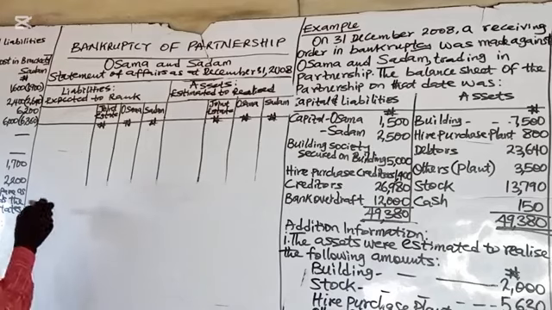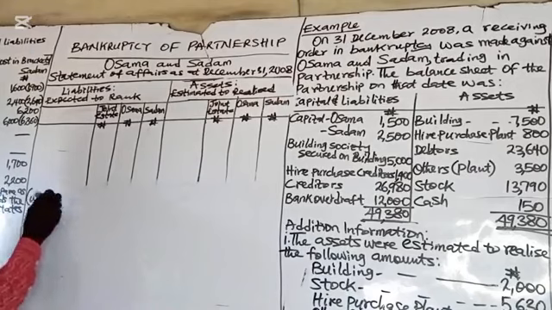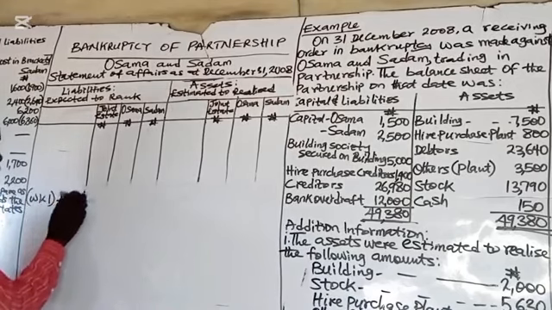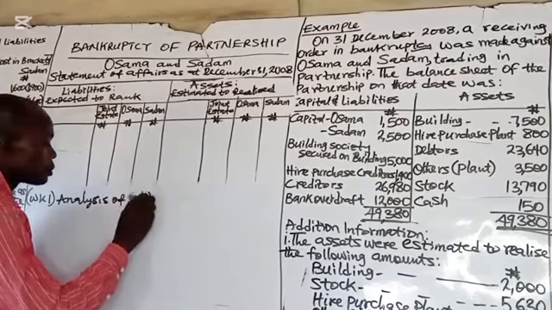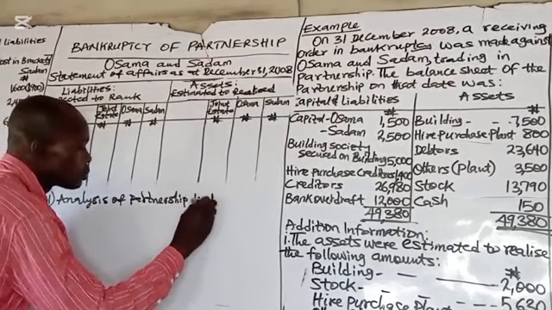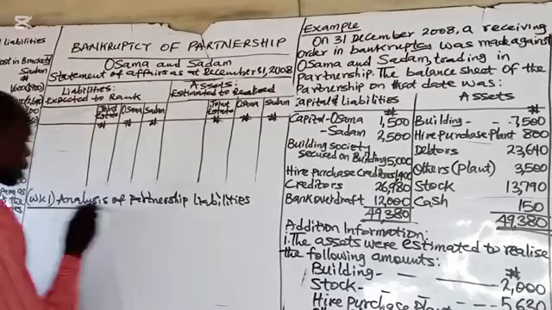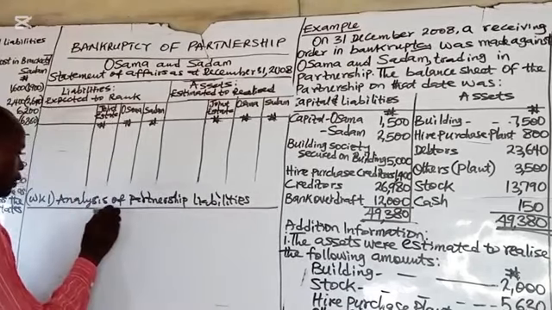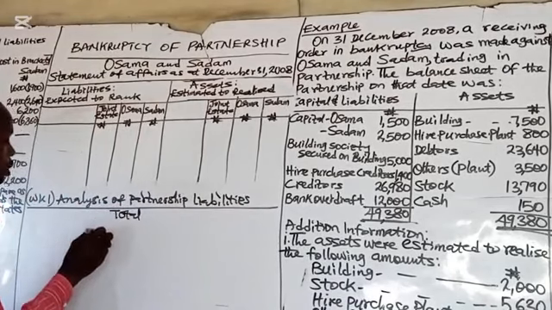So now, working one, let's do the analysis of the liabilities of the partnership. We have a column for total liabilities.